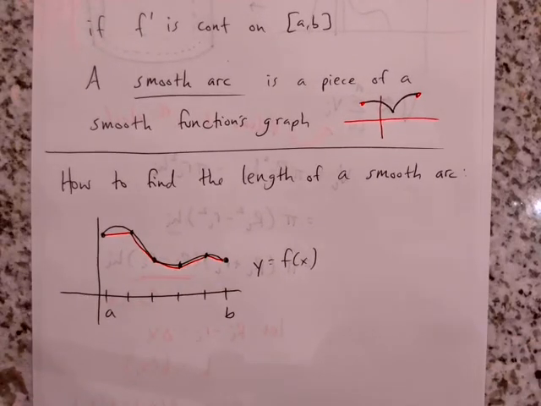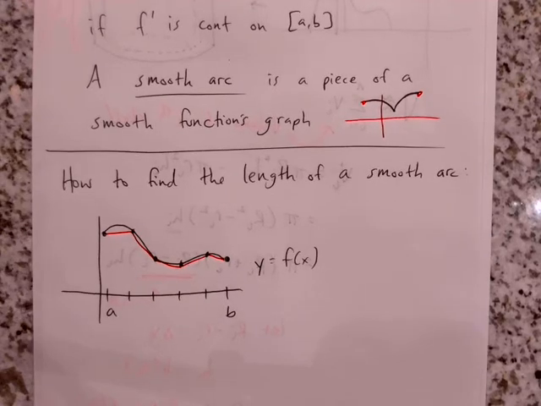So to find the length of a smooth arc, we approximate it. Just like with area and volume, we approximate it with a shape whose formula we know for this quantity. We know how to find the length of a line, so we can do that.